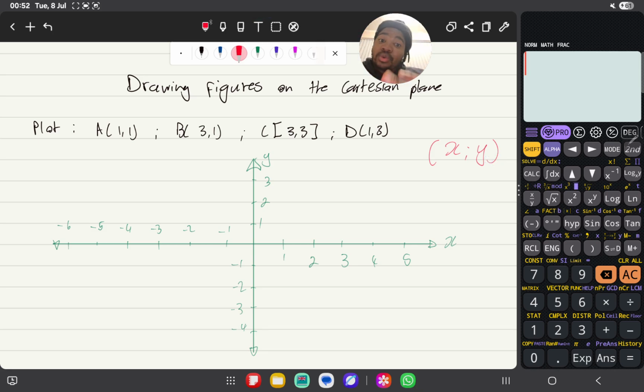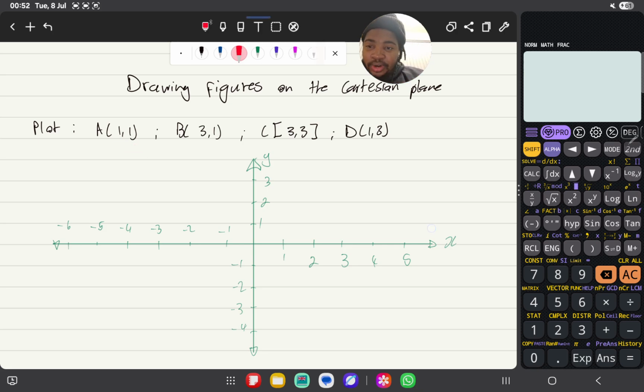Even if the x or y is negative, it's always x first. So you could have -x, -y; x, -y; or -x, y. That's basically the 4 possible combinations you could have in two dimensions. I don't think in high school we actually do 3-dimensional, but it's fine.